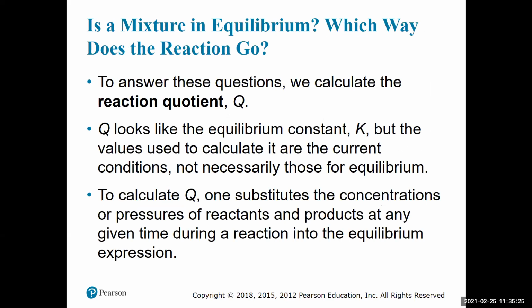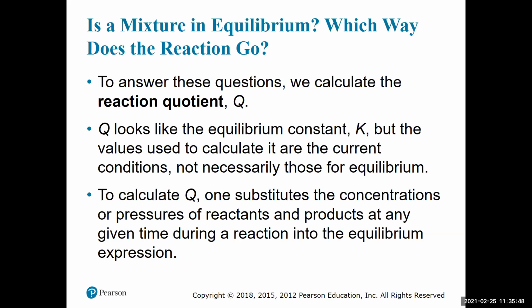Similar to that equilibrium constant, there's a similar thing that you can calculate called the reaction quotient, and that's Q. It's the same calculation. It's products over reactants. The exponents on those concentrations come from the stoichiometry of the reaction.